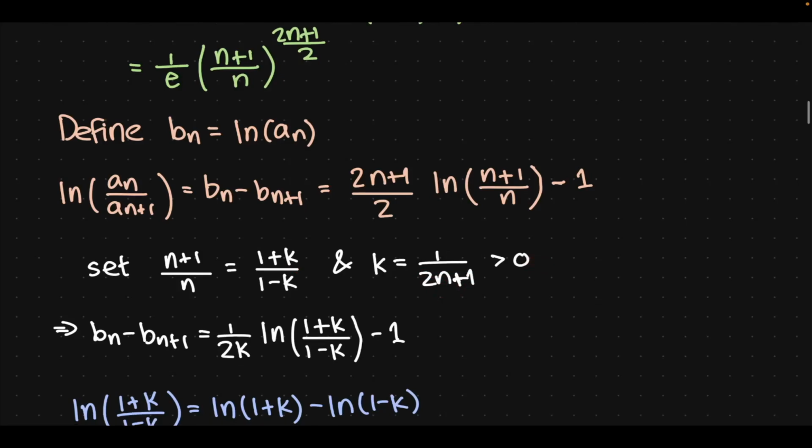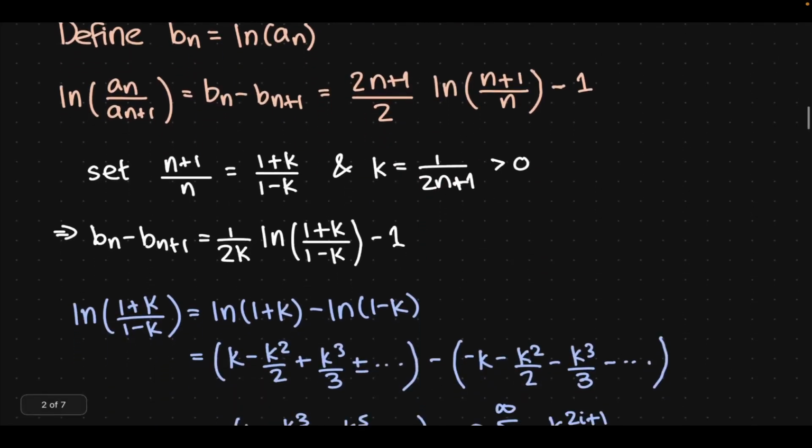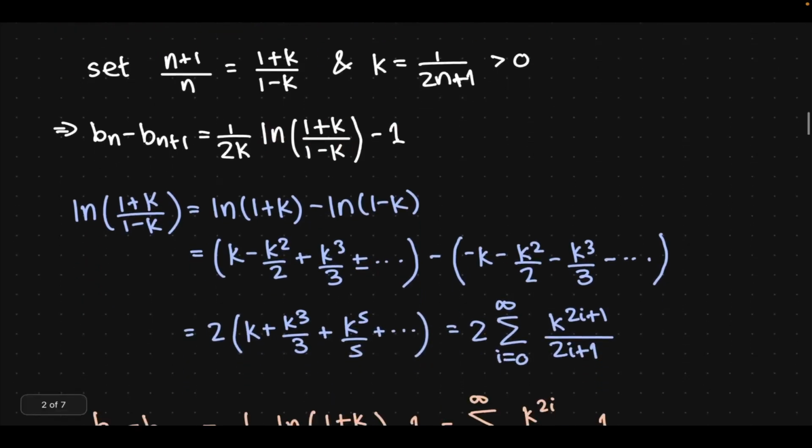Having done that, we can substitute this back into our little relation there. So 1 over 2k times ln of (1 plus k over 1 minus k) minus 1. Now we can expand the ln of (1 plus k over 1 minus k). We get ln of (1 plus k) minus ln of (1 minus k), and then we can do the Taylor series expansion of this.